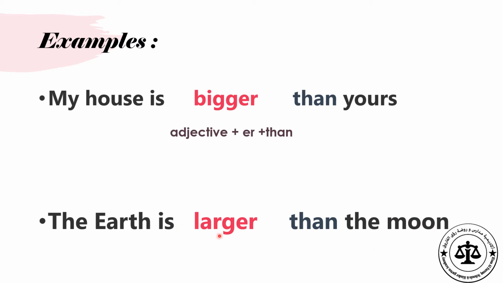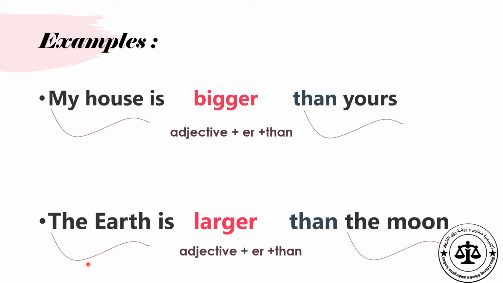Here we have the adjective large, larger. So this is a short adjective, so we add er with than. So in these two examples, we have two items being compared with short adjectives which have er to form a comparative adjective.